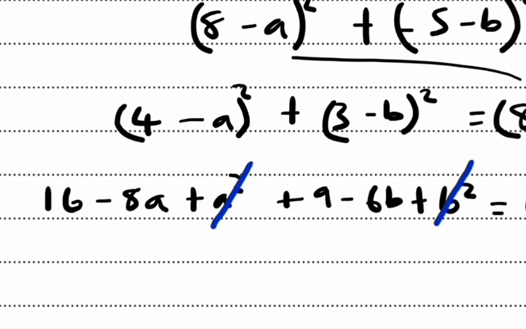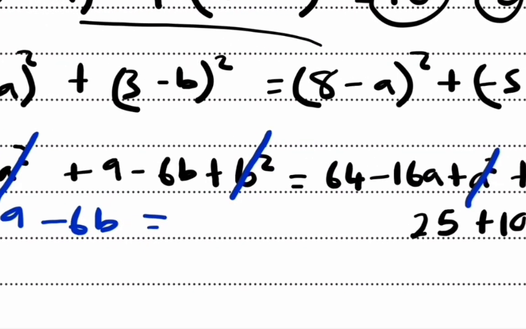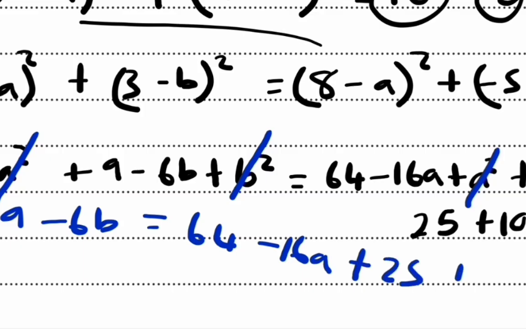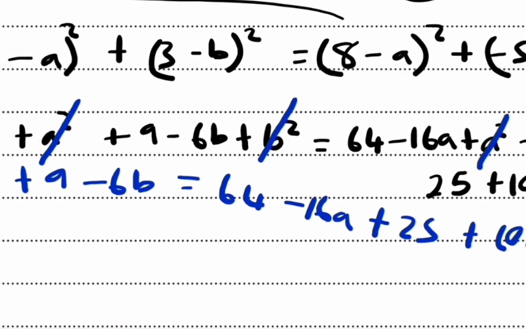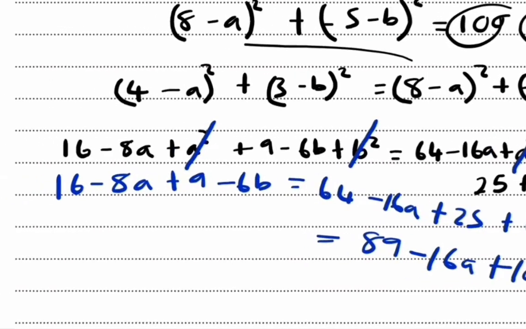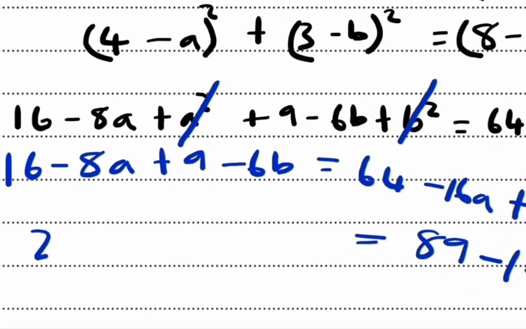Right, so we're left with 16 minus 8a plus 9 minus 6b is equal to 64 minus 16a plus 25 plus 10b. Simplifying the right hand side with 64 plus 25, that's 89. So 89 minus 16a plus 10b. And here we have 25 minus 8a minus 6b.